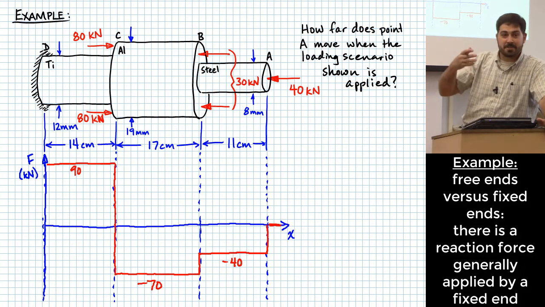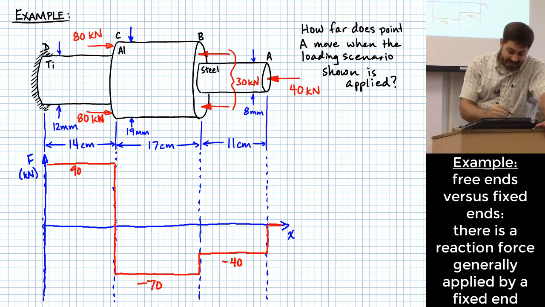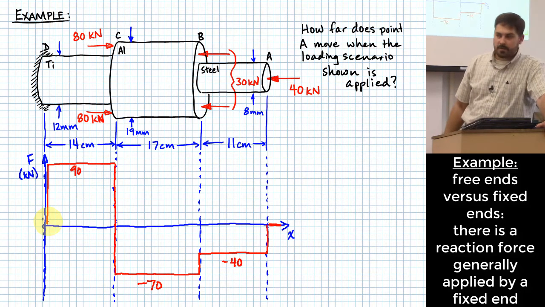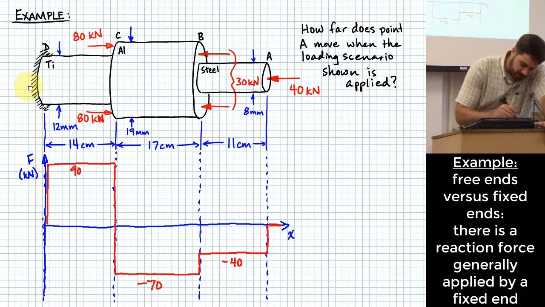It's attached to that fixed side over there at D. So D is applying a 90 kilonewton force, right? That wall at D is applying a 90 kilonewton force to this composite rod, right? In what direction? In other words, if instead of showing this as a wall, I was going to actually show it as a force.